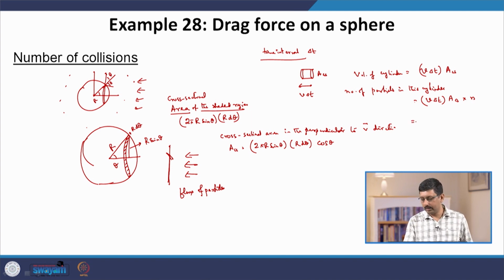All these particles are going to collide with the sphere in this particular time interval delta t. So, this is the number of collisions.